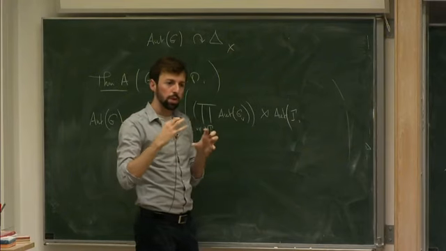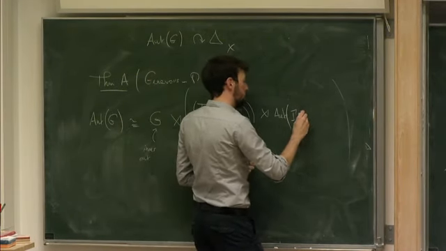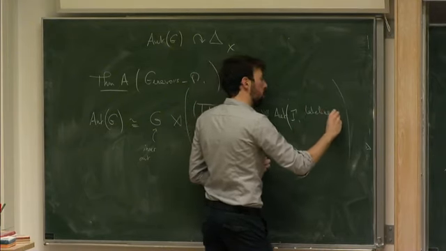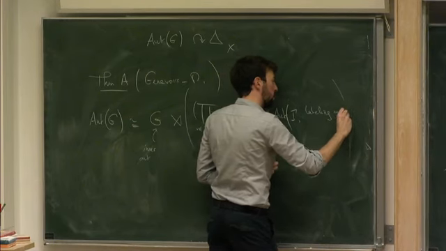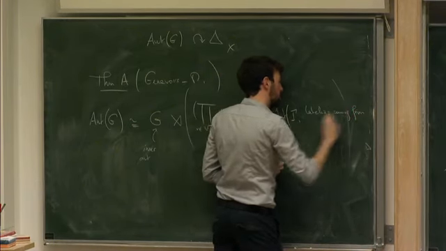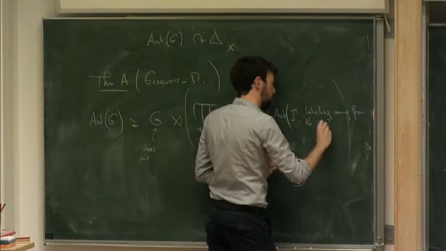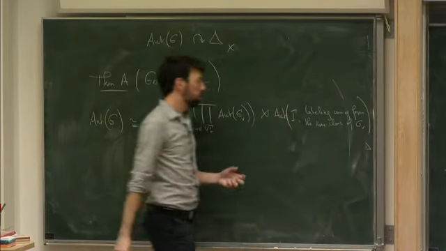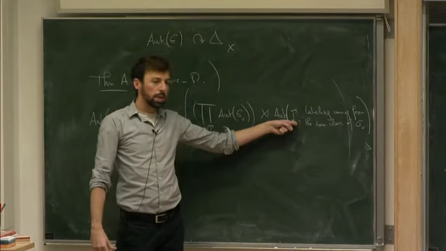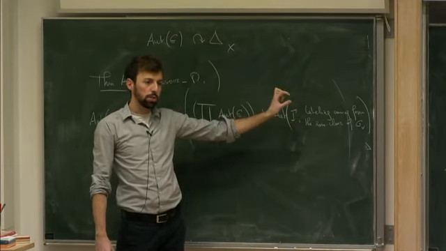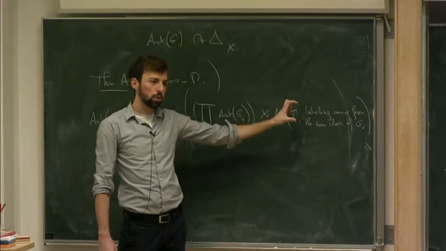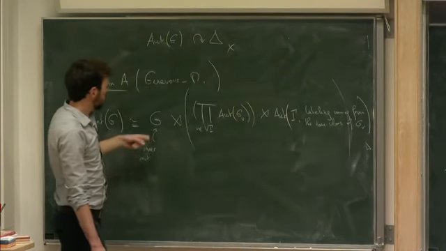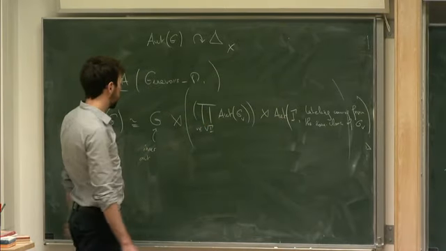So you have to preserve the labeling coming from the isomorphism class of GV. So what I mean is, now I see gamma as a labeled graph where each vertex V is labeled by the isomorphism class of the group GV associated to it. So that's the whole automorphism group.